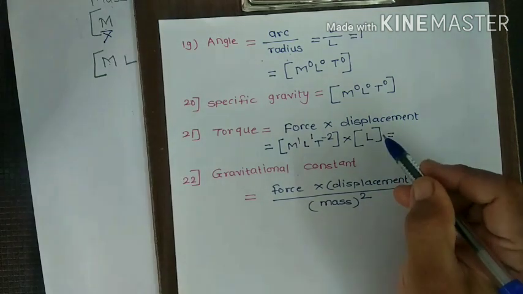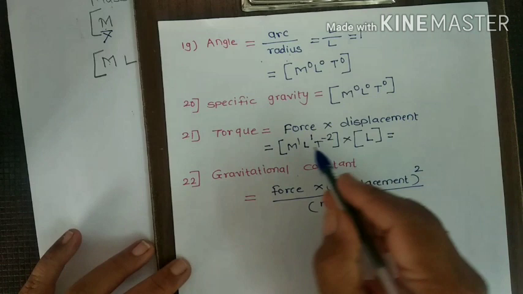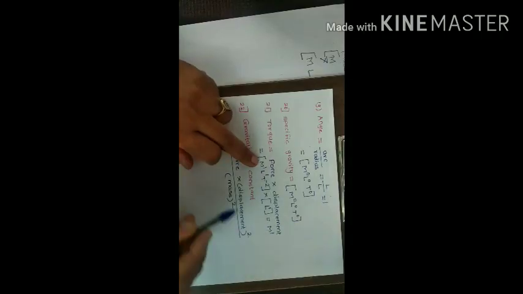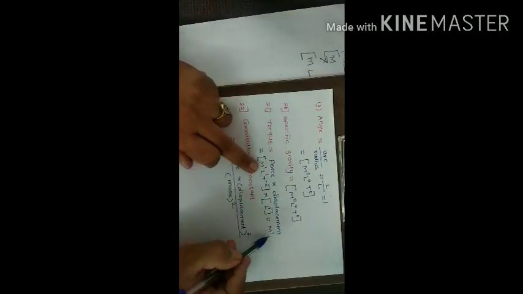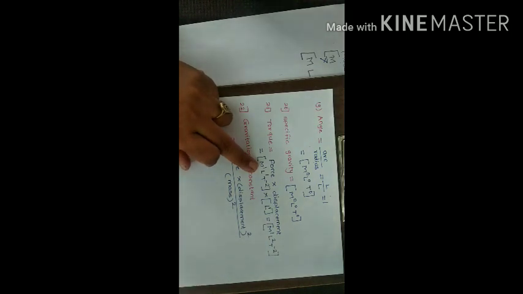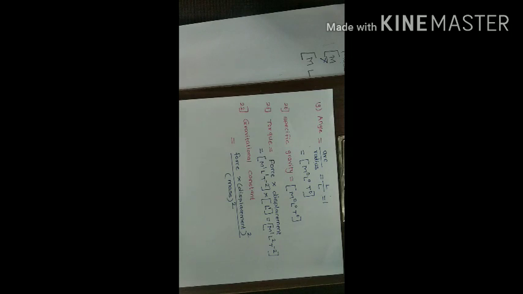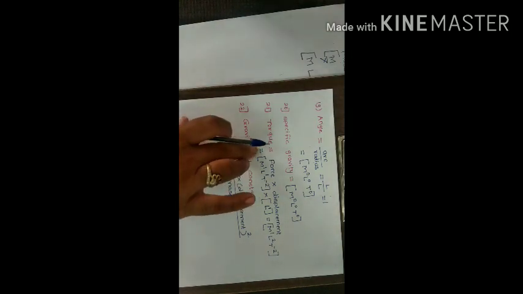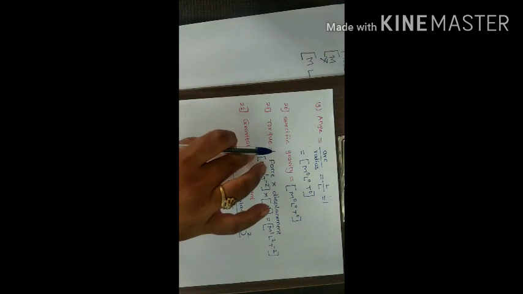So dimensions for torque are M raised to the power 1, L raised to the power 2 and t raised to the power minus 2. That means torque has dimensions same as work and energy.